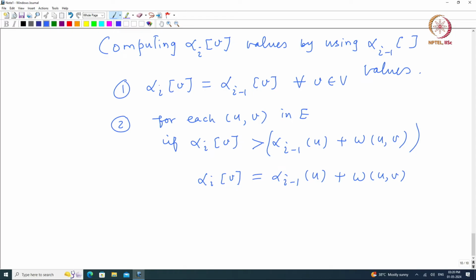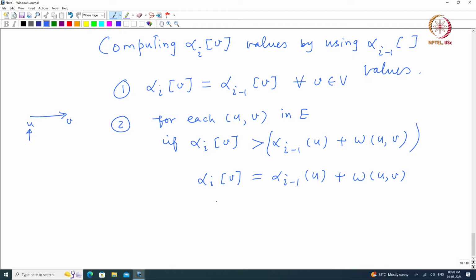So, the current Bellman edge is the edge uv which is changing the value. We have already seen that we are going to use the convention of the previous P array notation, because Bellman edges are always last edges, and in the last edge uv, u is going to be previous to v.